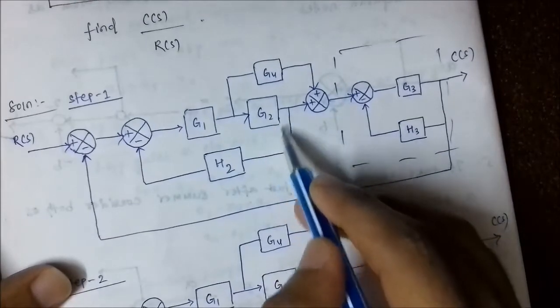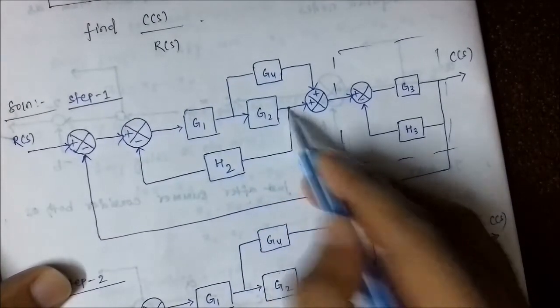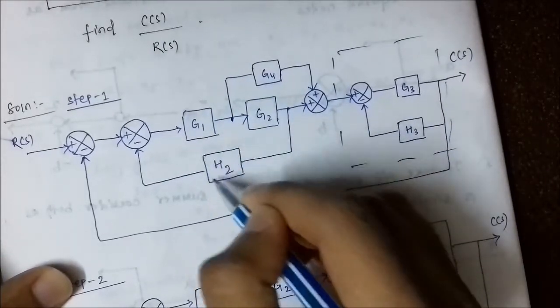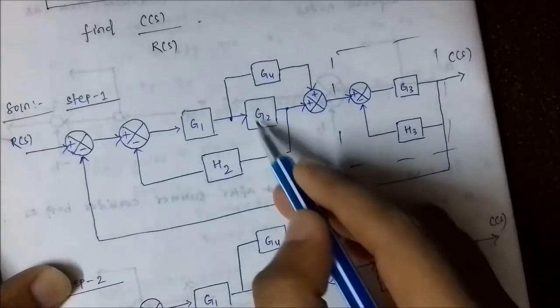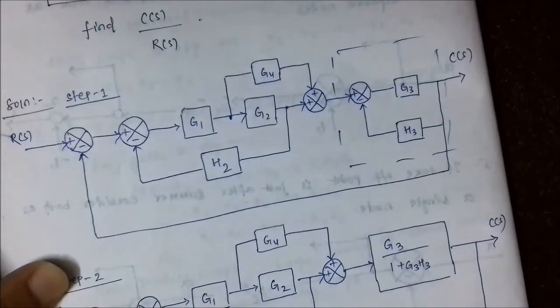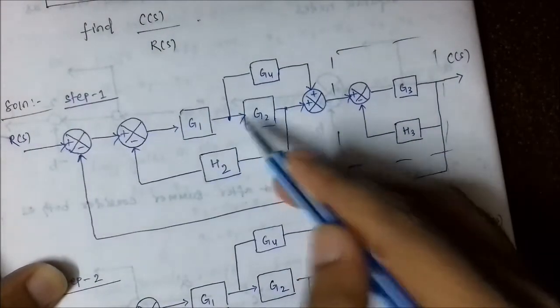So it becomes easy to solve. If I move this takeoff point from here to here, we get a feedback connection here, G H, just like this, and a forward loop. So we are going to move this takeoff point from here to here.